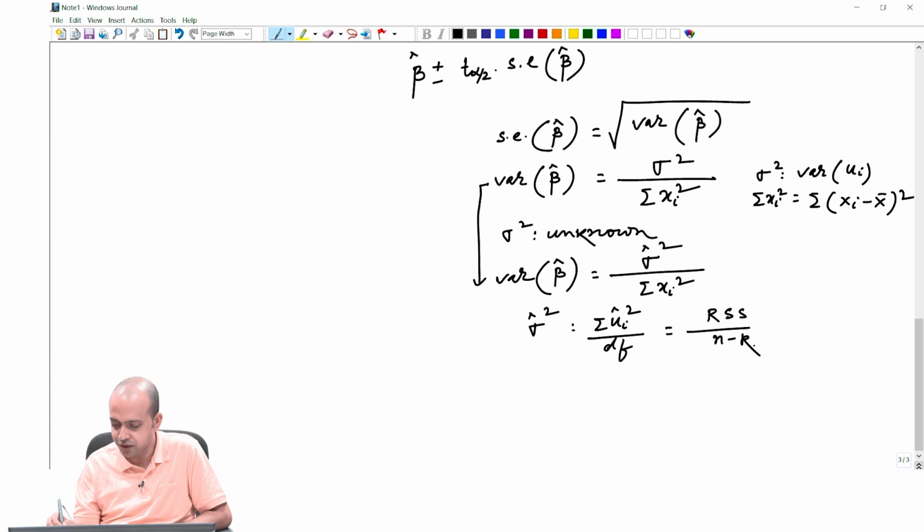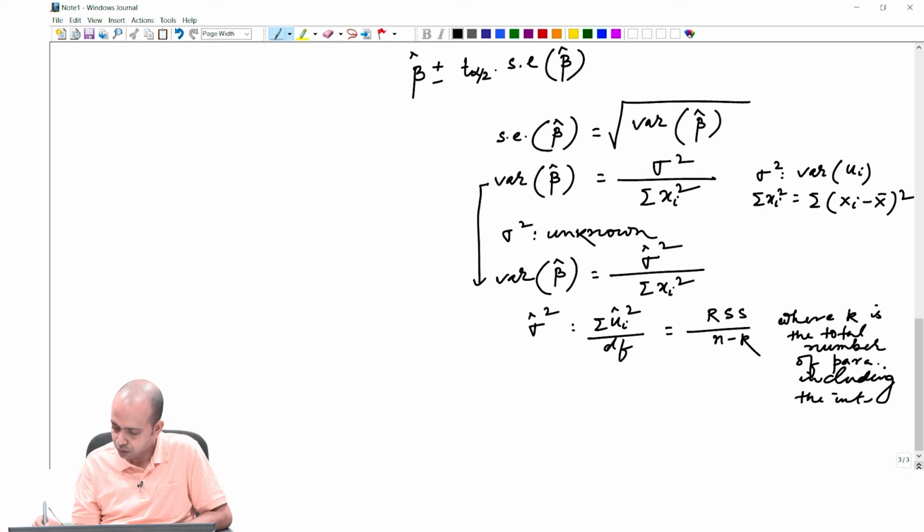It is n minus k, where k is the total number of parameters to be estimated including the intercept. That is how you calculate your sigma hat square, and that is how you calculate your variance of beta hat.